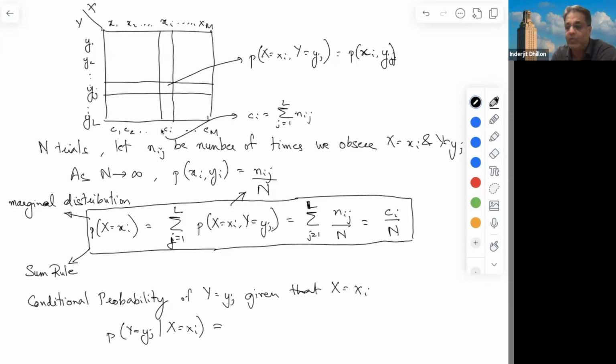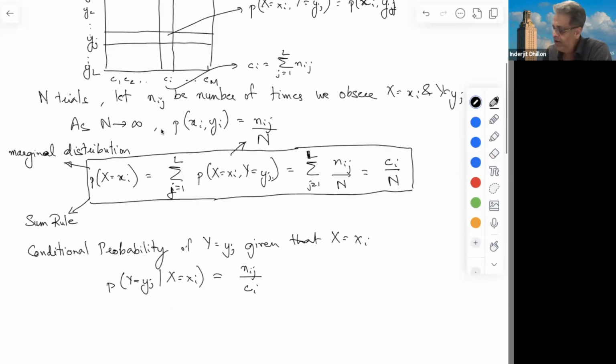So it's actually going to be equal to nij divided by ci. Just like we had this more concise form for the joint distribution, we'll also write this as P of yj given xi.